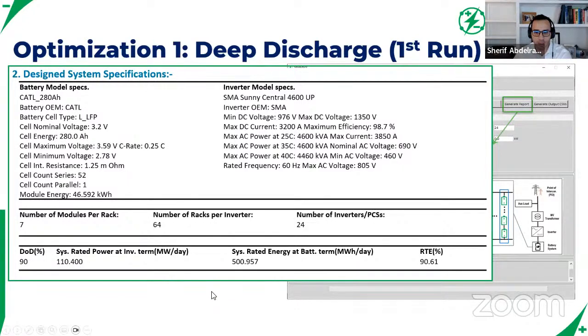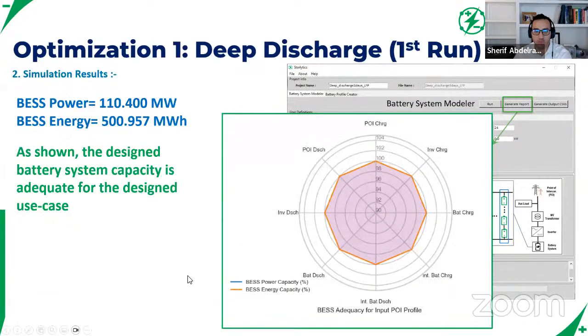The output we really wanted to focus on here is that the system we designed fully meets the requirement of the use case at year 0. What you see in this radar chart is the charge and discharge at different points in the project. What you see here in blue is the power capacity, and in orange is the energy capacity.